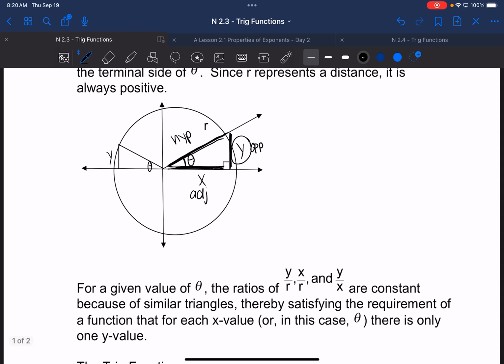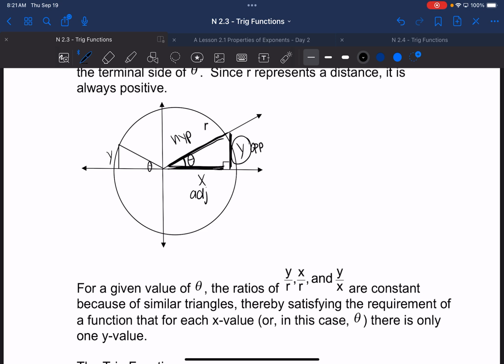Okay? So it says for a given value of theta, your ratios would be y over r. What's y over r going to be? Opposite over hypotenuse, which is sine. And then we've got the ratio x over r. What's that one going to be? Cosine, because that's adjacent over hypotenuse.